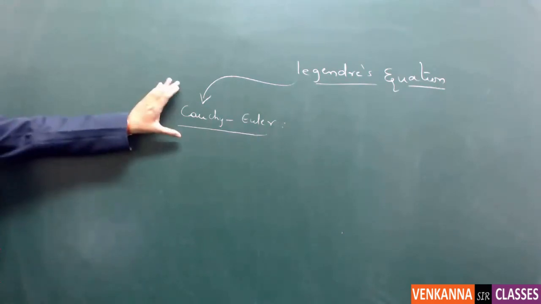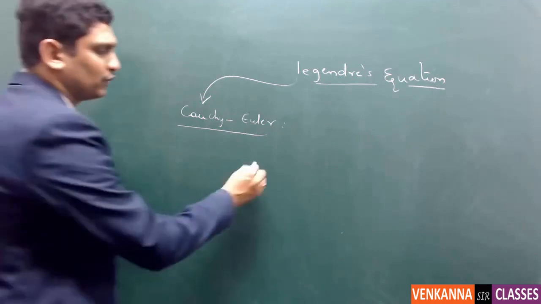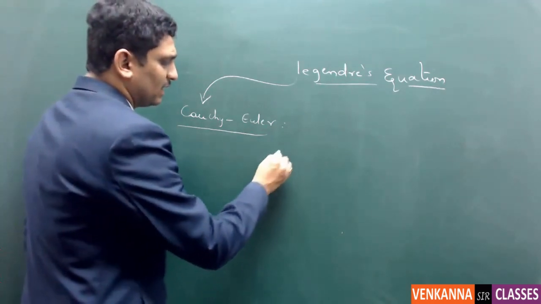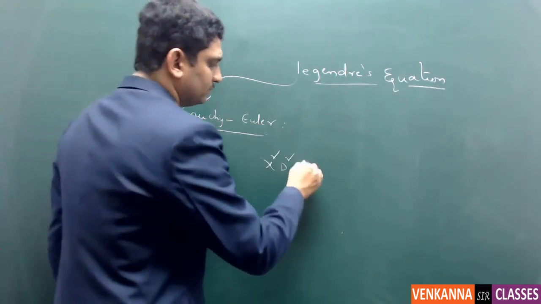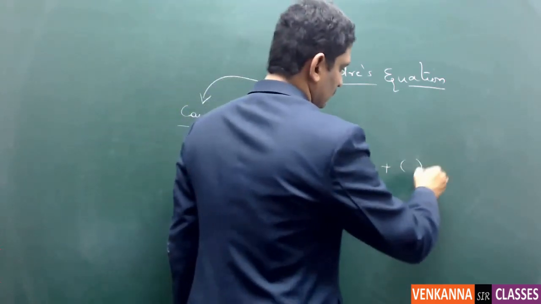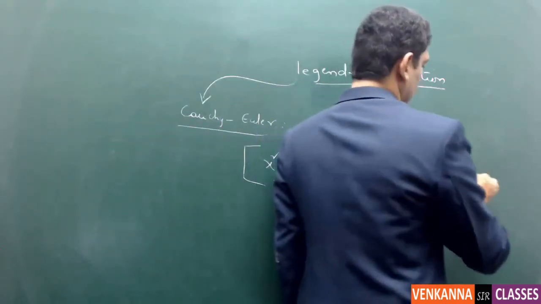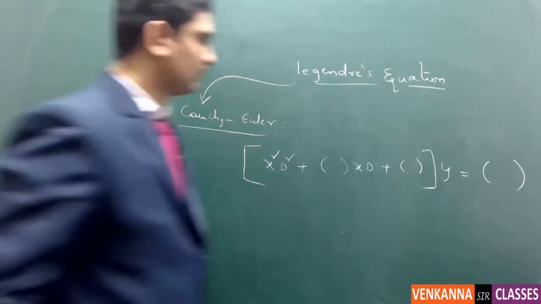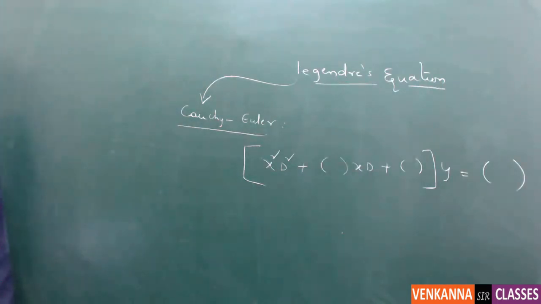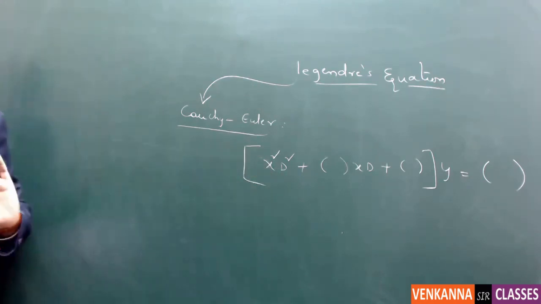As we know what is meant by Cauchy-Euler equation, let me write it again. Suppose we have taken a second order Cauchy-Euler equation. Here we are comparing that x and d should have equal power.